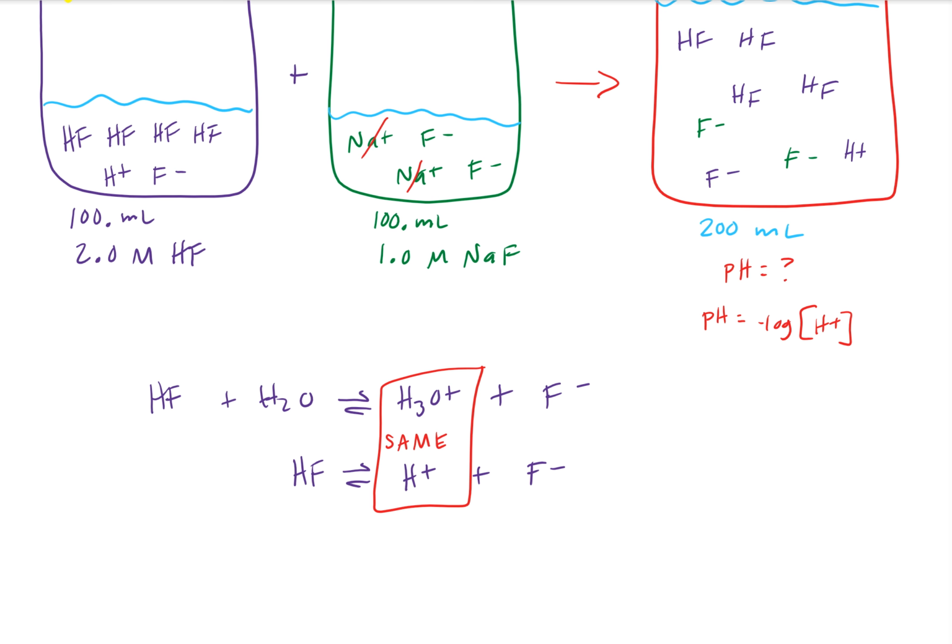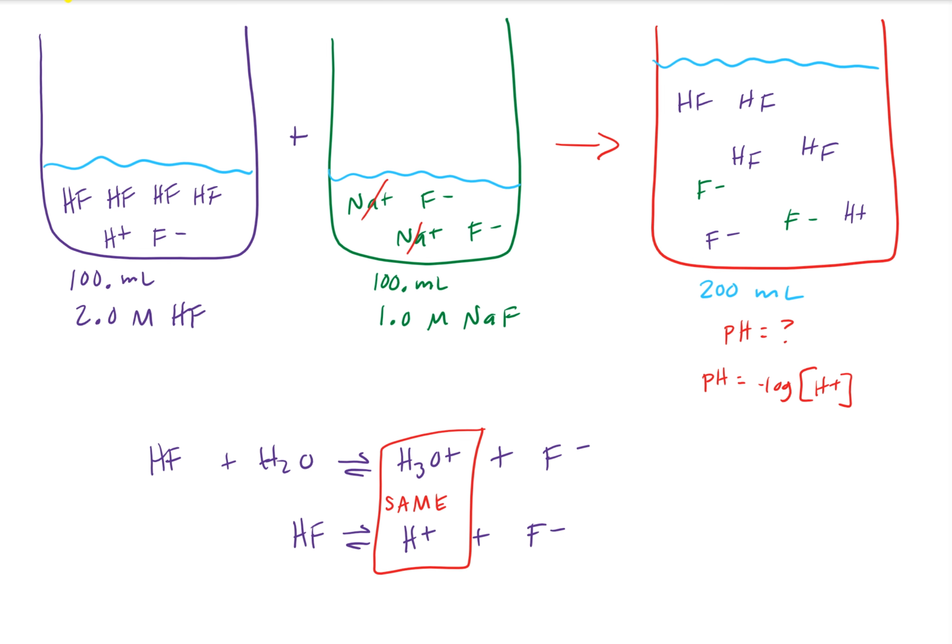So I'm looking at my dissociation equation for hydrofluoric acid. This new solution that we've created has some molarity of HF, some molarity of H+, and some molarity of F-, and how am I going to figure out the concentration of H+? Because if this is a regular Ka ICE chart, I just start with the initial HF, and I go to town, X squared over the initial concentration of HF, boom, solve for X, and you got H+.